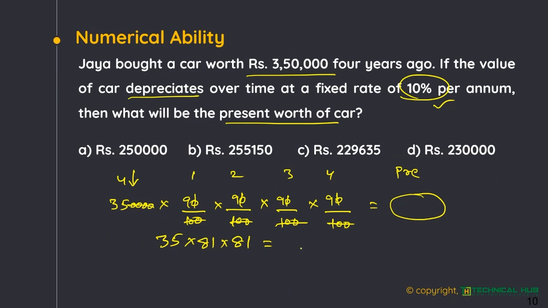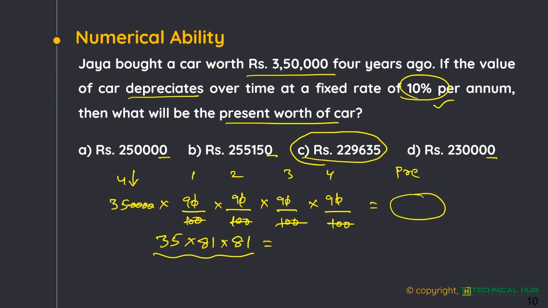Why? Because according to the options, every option is ending with 0 except option C. But we don't have a chance to get the units place as 0 after multiplying these 3.